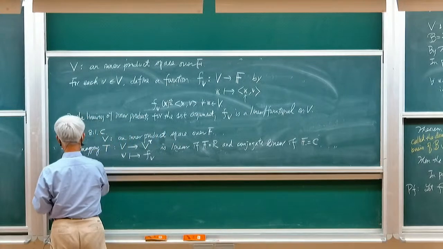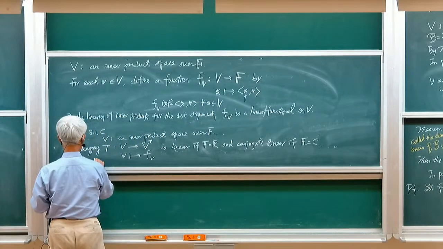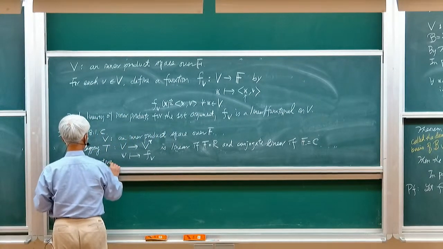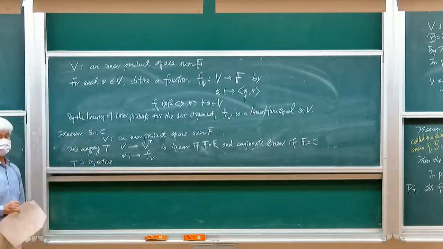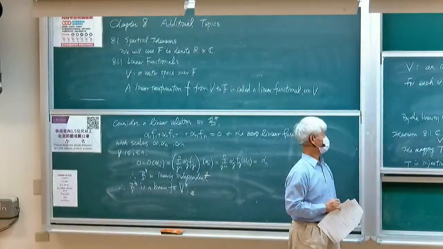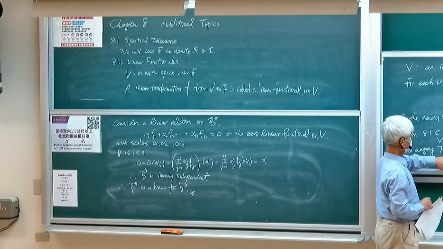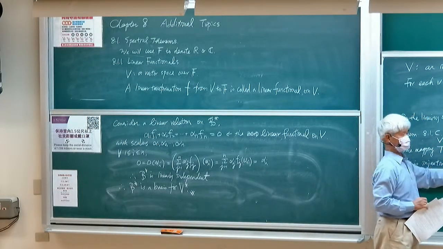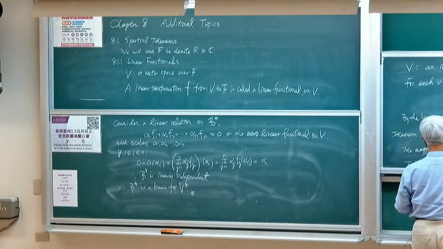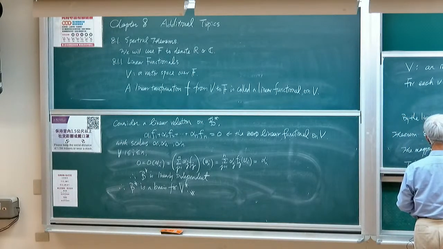Furthermore, T is injective. So different v give us different linear functions. And T is surjective.